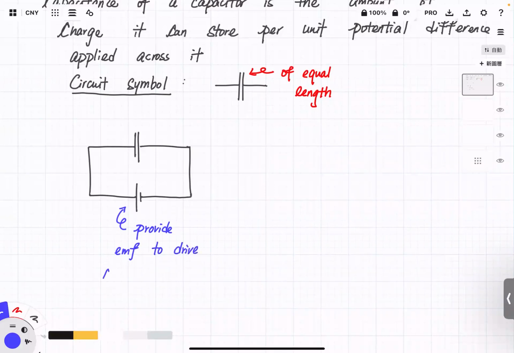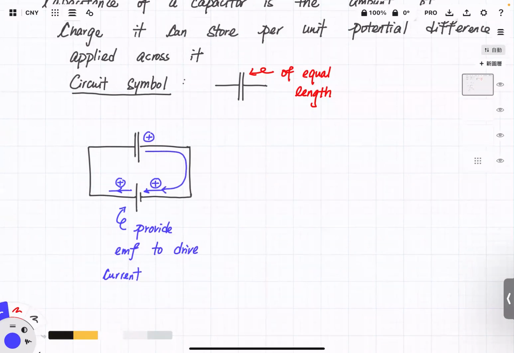Here, we take the current as the conventional current, so that you have some positive charges flow in this way. But where do those positive charges come from? Well, these positive charges should come from the plate on the right-hand side.